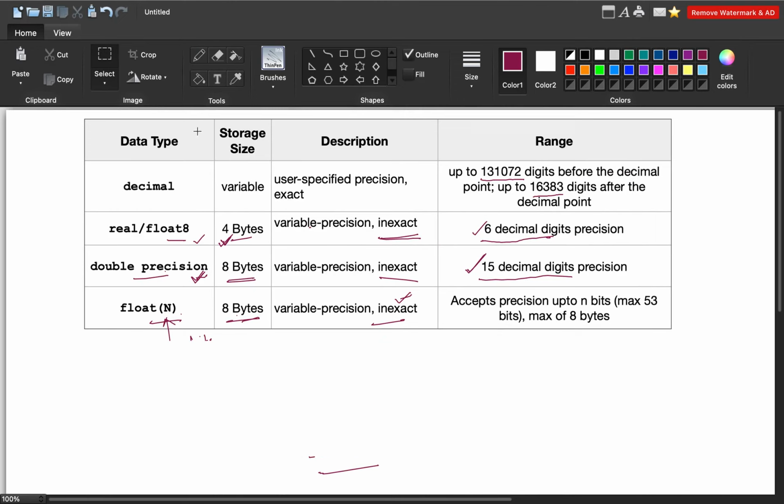So suppose I am having some value. Let's say I am having some value, 476.13121765. Assume this is, I'm just taking an example. So assume that I'm having a value like this, right?